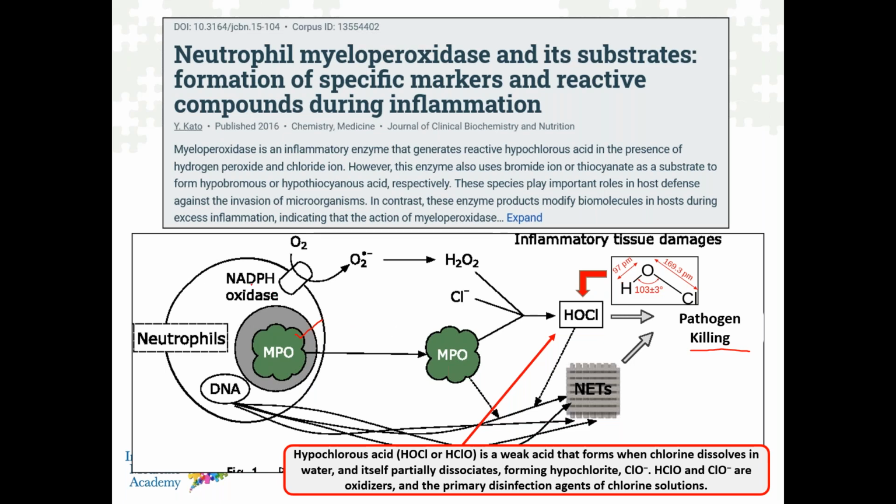NADPH oxidase, so nicotinamide adenine dinucleotide phosphate hydrogen oxidase, uses molecular oxygen to form a superoxide anion that gets converted into hydrogen peroxide. Then the myeloperoxidase enzyme combines the hydrogen peroxide and a chloride ion to make hypochlorous acid, and that is what kills a pathogen at a tissue level.